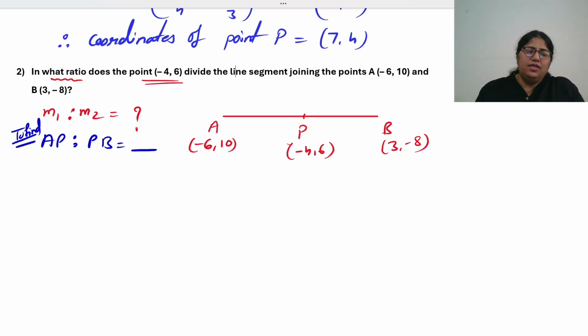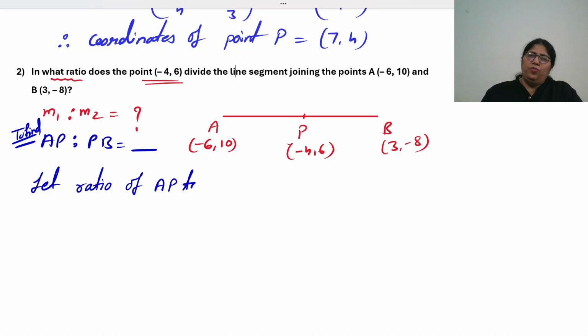Now remember, if I take m1, m2, there will be two unknowns and we'll have one equation. So whenever the ratio is missing, you can let the ratio of AP to PB be k is to 1.